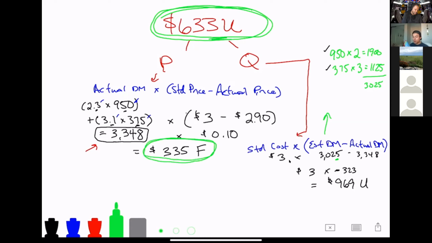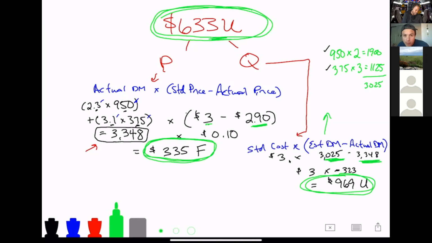So you actually had a favorable variance from the price, because it was $2.90 versus $3. But then you had an unfavorable variance because of the quantity. Because you thought you were going to spend $3,025 over here, but you actually ended up using 3,348.